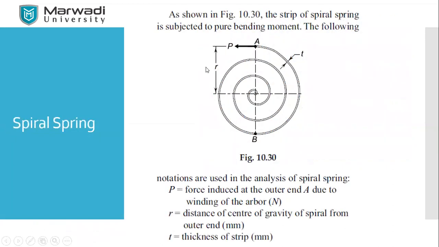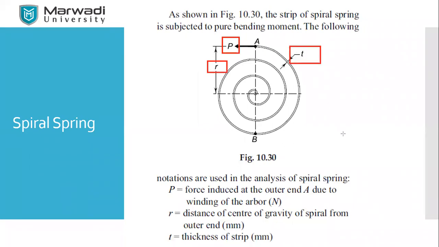Now, the working and functional part. As you can see from the figure, the strip of the spiral spring is subjected to pure bending moment, and you can see the notations in the spring denoted by P, r, and t.